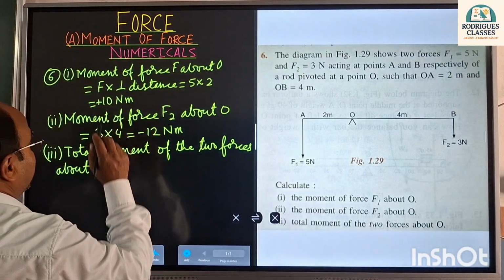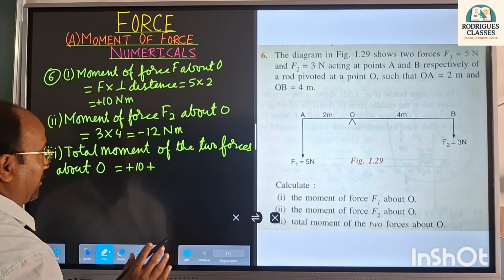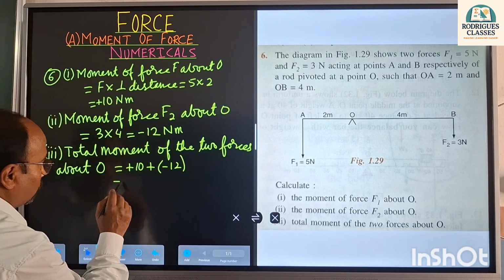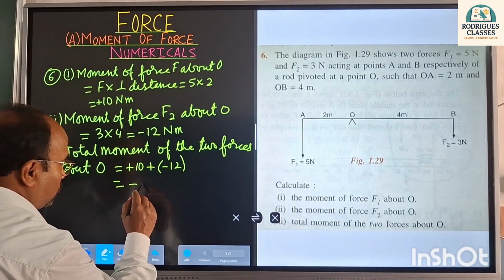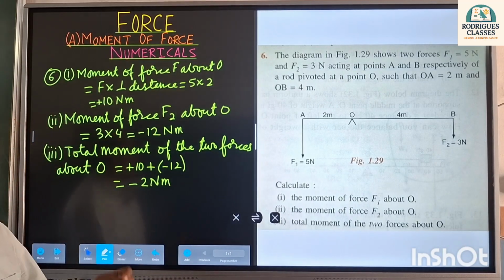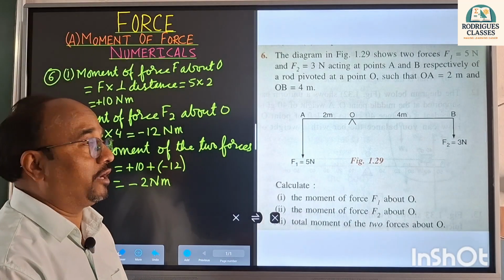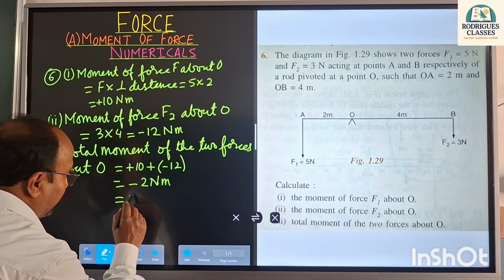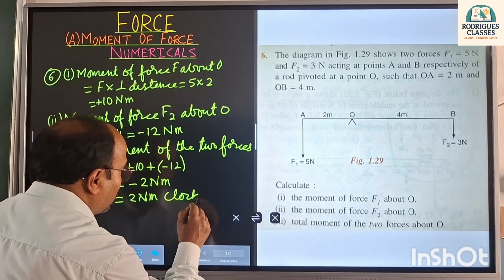So here we have the first one as plus 10. We have to add, so plus written. And then the other one is minus 12. So you know you can solve it out. Plus minus will become minus. You will get minus 2 Newton meter. So minus means it will be clockwise. The result will be that when both of them are taken together, it will rotate in clockwise direction. So final answer, I am writing here this part also, 2 Newton meter clockwise.